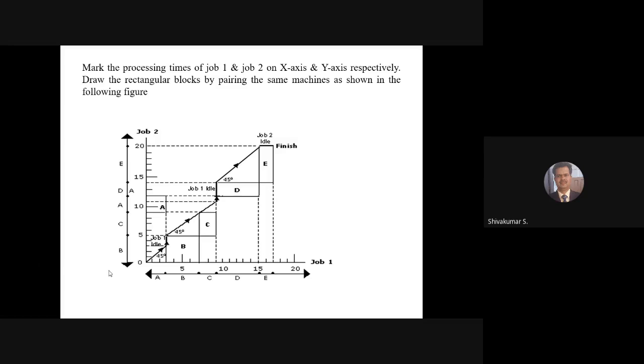It is A, B, C, D, E, along with B, C, A, D, E. Mark the processing times of job 1 and job 2 on X and Y axes respectively. Draw the rectangular blocks by pairing the same machines as shown in the following figure. You have to pair the job machines, that is same A from job 1, A from job 2, like this. You have to pair it and make the boxes. Take your own time and do it. Don't be in a hurry to complete it.